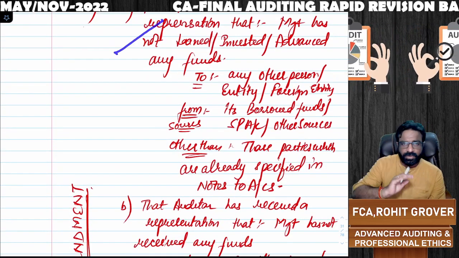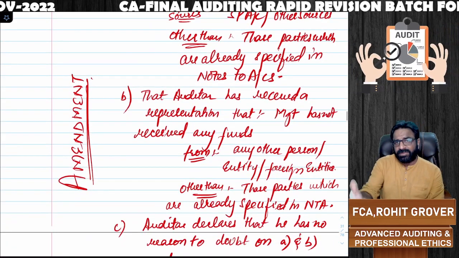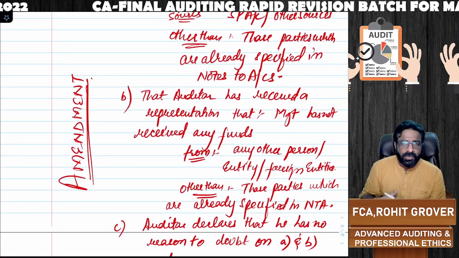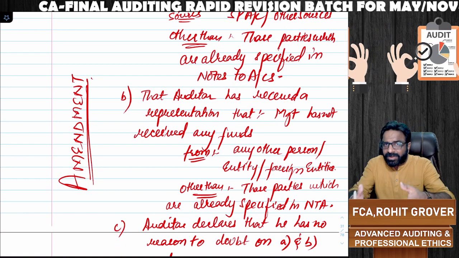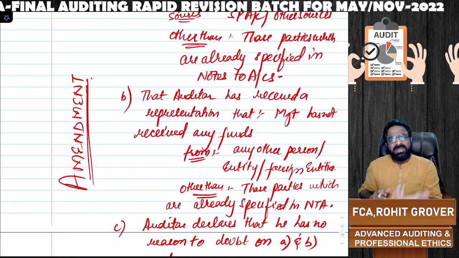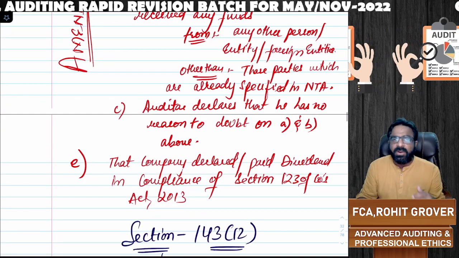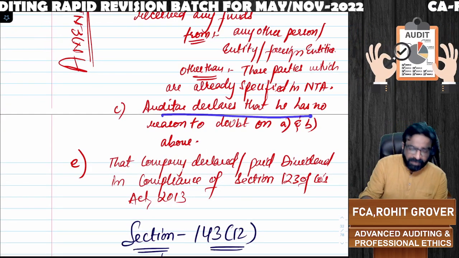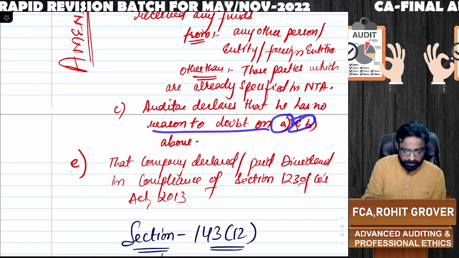Point A is on outflow, funding somebody, and point number B was on getting funded. So if the management is saying that we have not funded anybody or we have not received any funds from anybody other than those mentioned in the notes to account, take the WRL, written representation letter on that. And once you have received it, if he is satisfied, the auditor must declare that he has no reason to doubt on A and B.